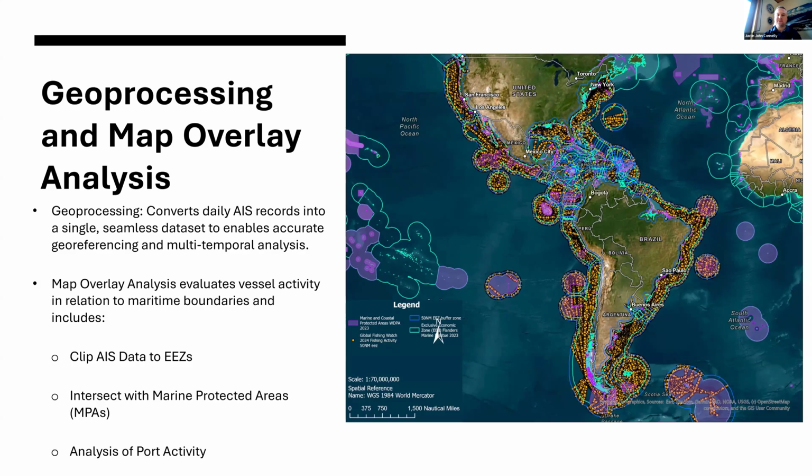In fact, if I just turn on the global fishing data just for the year of 2024, it takes about 5 minutes just to pan my ArcGIS map and refresh. So taking that data directly from Global Fishing Watch and simply opening it in ArcGIS Pro is not going to work unless you have expertise and understand how to process.